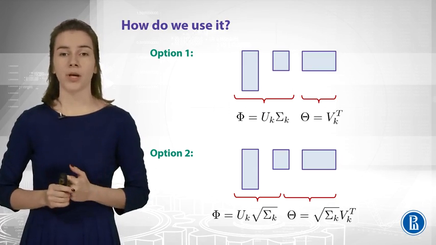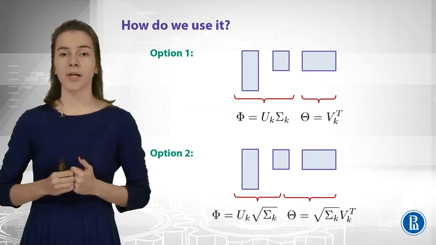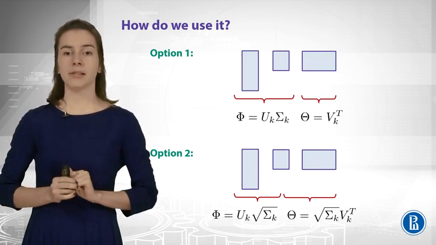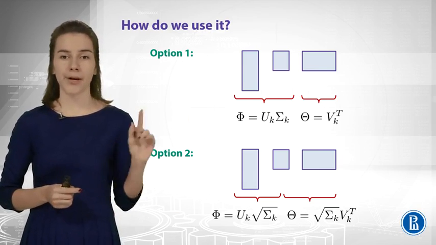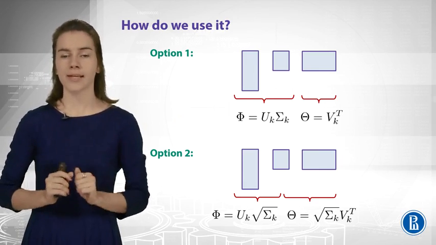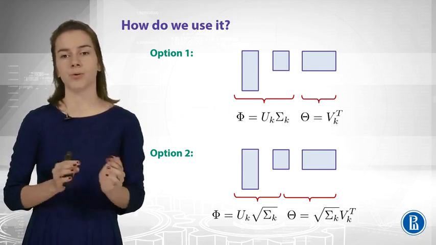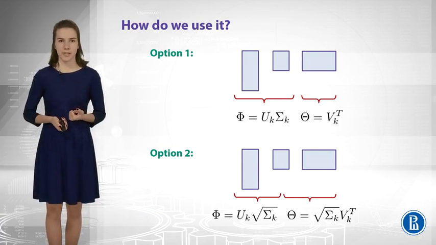Or another option would be to say that the diagonal matrix in between should be honestly split between two matrices, phi and theta. So we apply squared root and say that one squared root goes to the left and another squared root goes to the right. Okay, so you can see that SVD provides some ways to build phi and theta matrices.